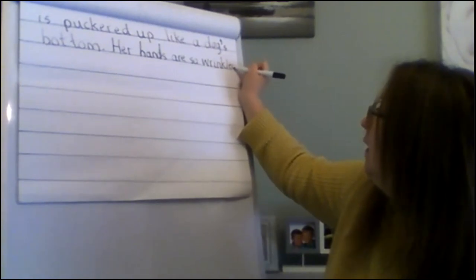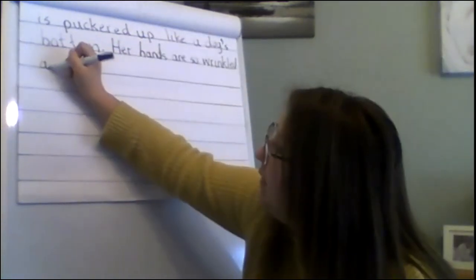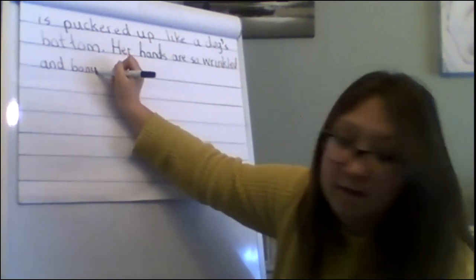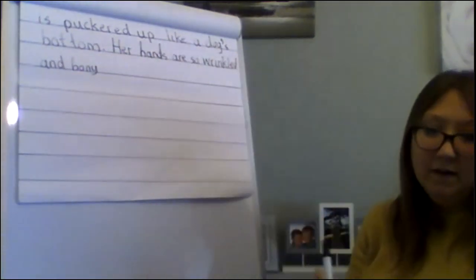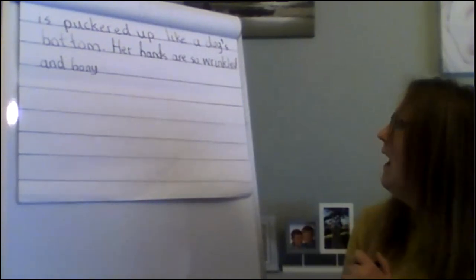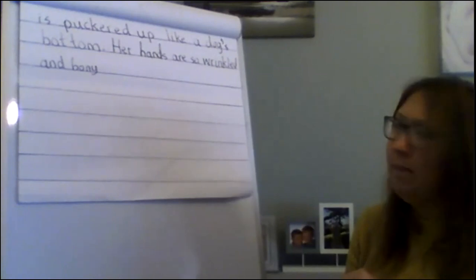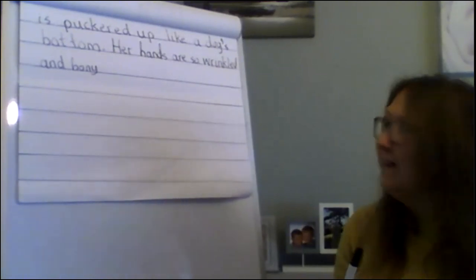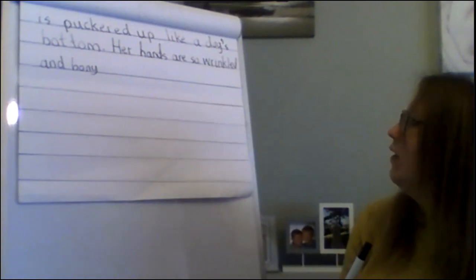Wrinkled and bony. And then I wonder what that makes her look like. Her hands are so wrinkled and bony. Makes her look like a skeleton, doesn't it? Her hands are so wrinkled and bony.